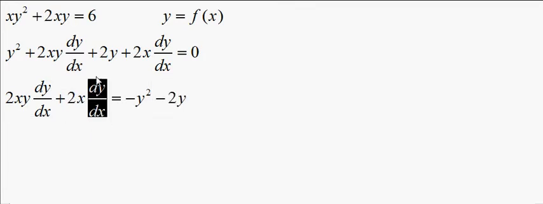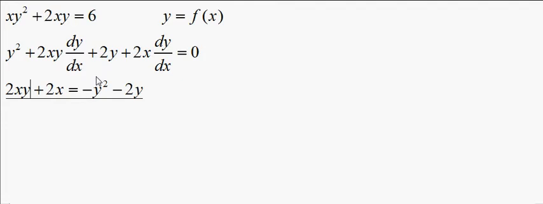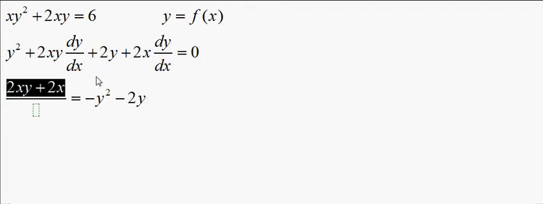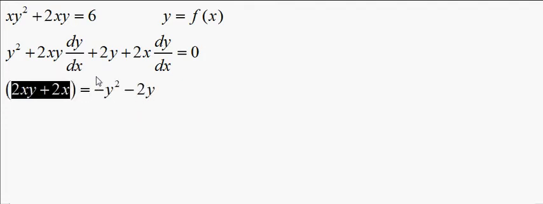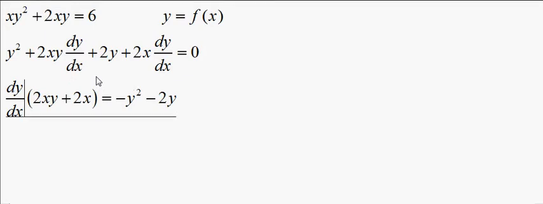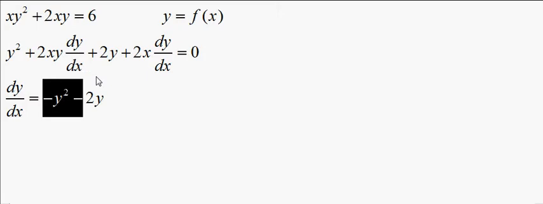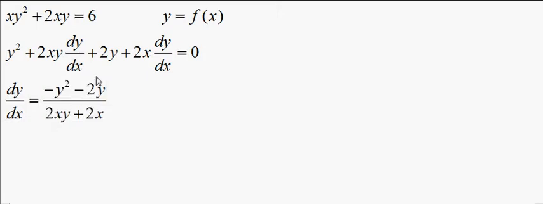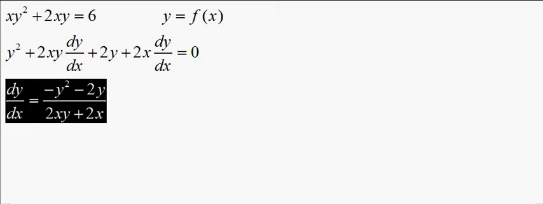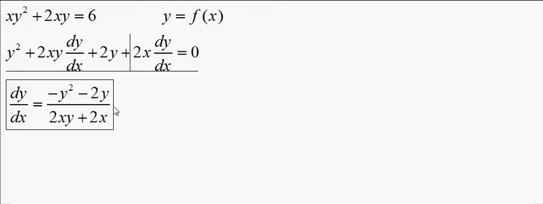Then we're going to factor out this dy/dx, like that. And now we could take this and divide it through, and we get this. And this is our derivative, and it's in implicit form, meaning we can't solve.